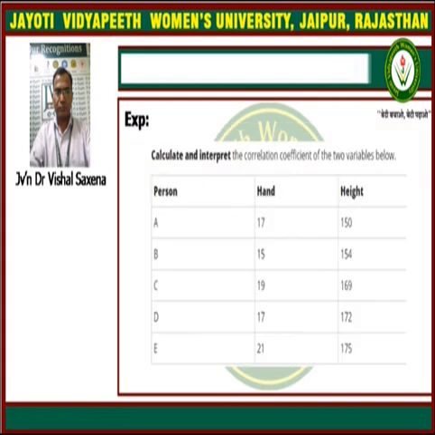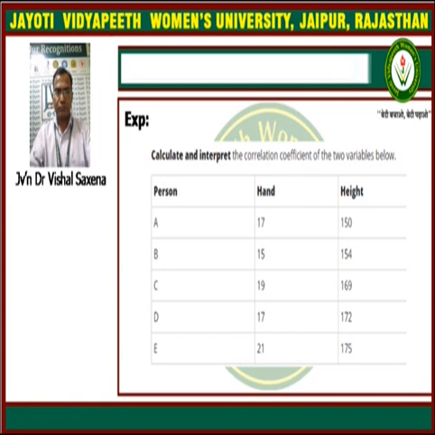Now, in the next slide we have an example to find the correlation coefficient and discuss the interpretation of the correlation between two characteristics, hand and height.